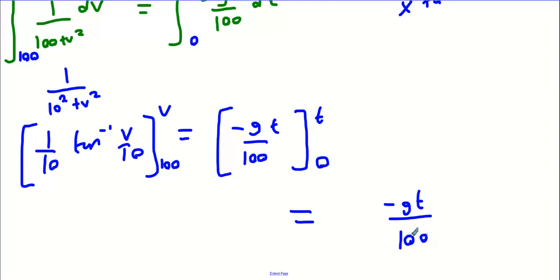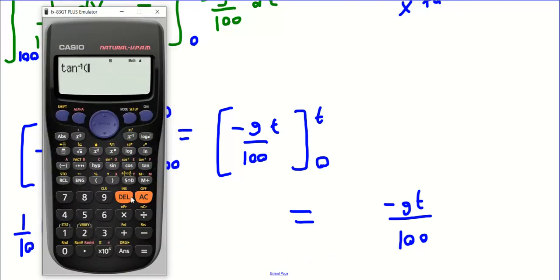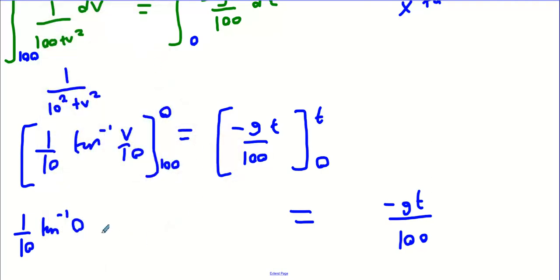No bother. And what I suppose we can do here is put in v equals 0, because we know v is going to be equal to 0 anyway. So it's going to be 1/10 tan inverse 0. And we all know tan inverse 0 should be 0, we're hoping. Tan inverse 0 is 0. And then minus 1/10 tan inverse 100 over 10.